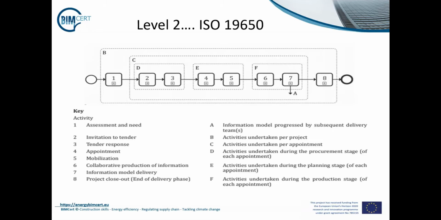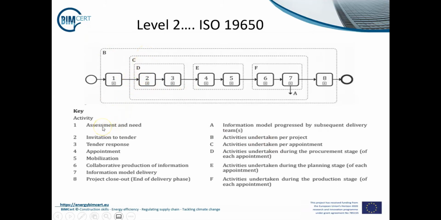The diagram here in front of us shows how this information is structured. We have at the beginning here the start of the project, and what we have here is the end. In between, what we have are called activities, and in each one of these activities there are a number of sub-activities.